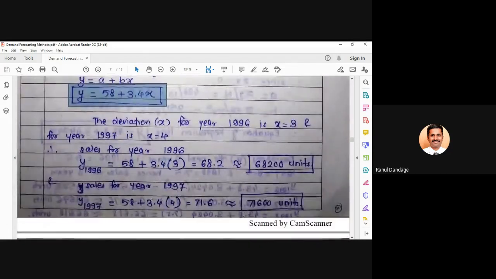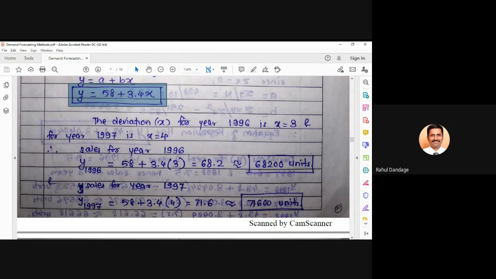So the value of x will be equal to 3 for 1996, because from the origin, 1996 is deviating by the value of 3. The origin is 1993 and we are trying to estimate the sales for year 1996.